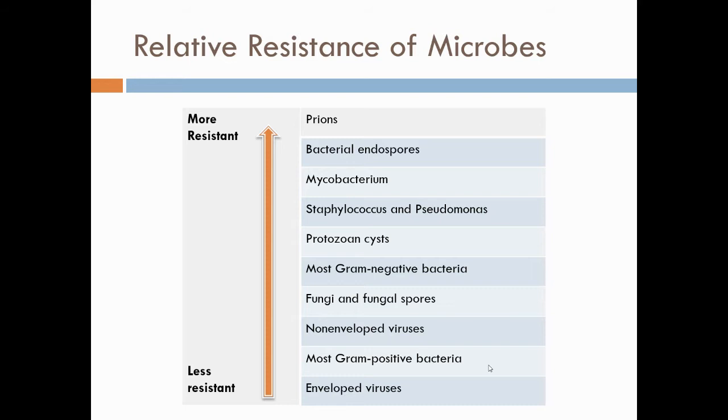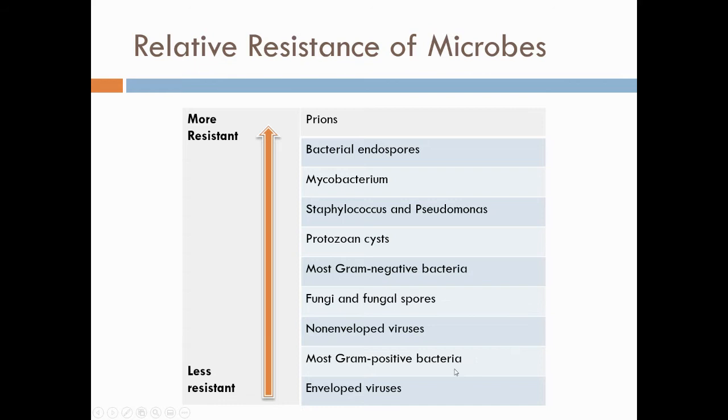So they're metabolically active, and metabolism gives us targets. Building that thick peptidoglycan wall, if we can interfere or interrupt the building of that wall, that's the end of the bacteria. So that's a pretty easy target for us.